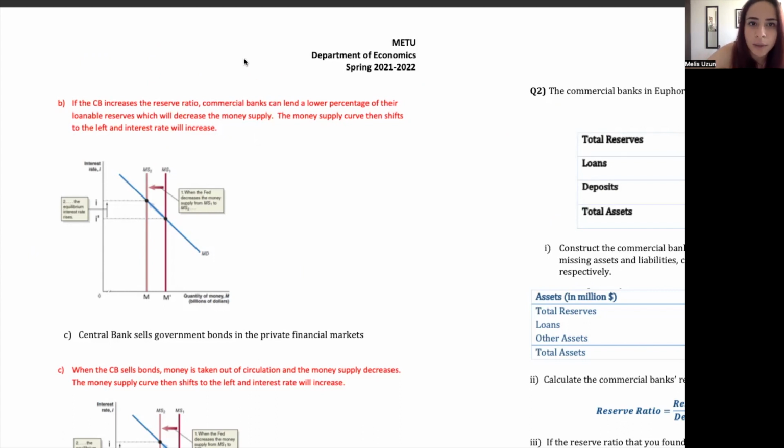So the money supply curve will shift to the left like this. Again, we have the same money demand curve, so the new equilibrium point will be this, and it means we have an increased interest rate and the quantity of money decreases.